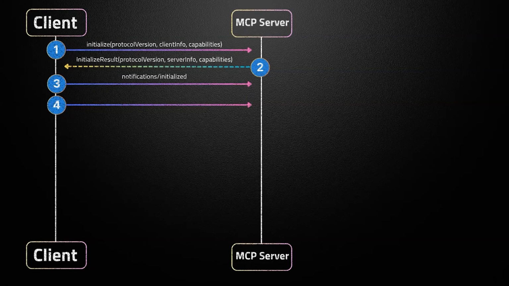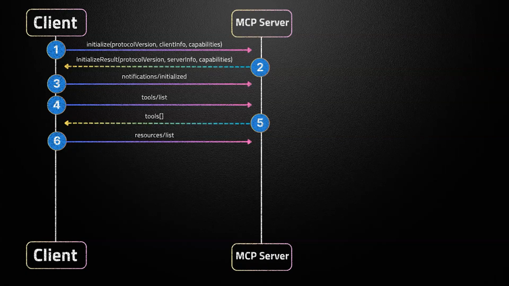A client can ask what tools exist, and if it does, then the server returns an array of tool objects, so that the LLM or the client knows what can be invoked with what arguments. The client can also ask what resources are available. The server then returns resource descriptions so the client can browse and read data.